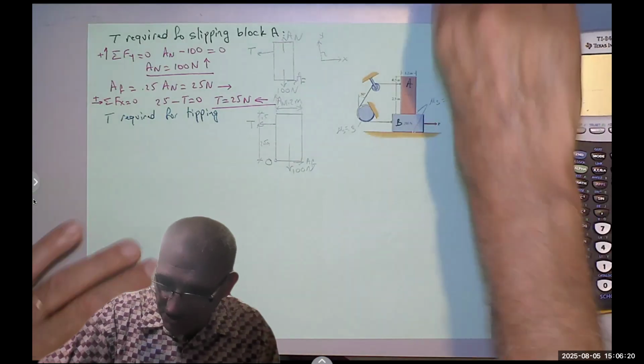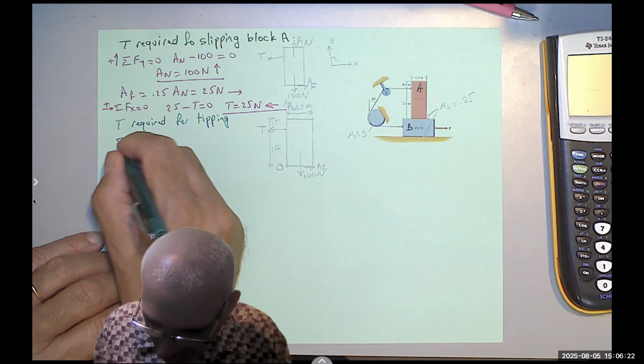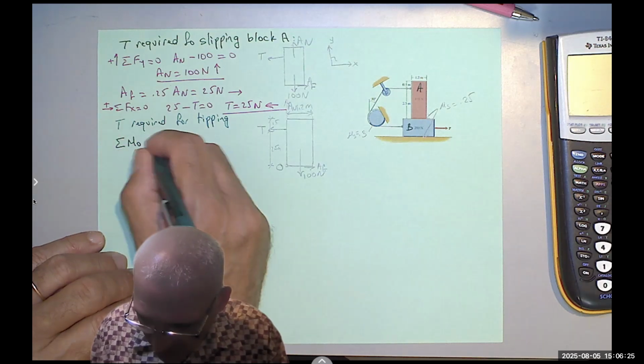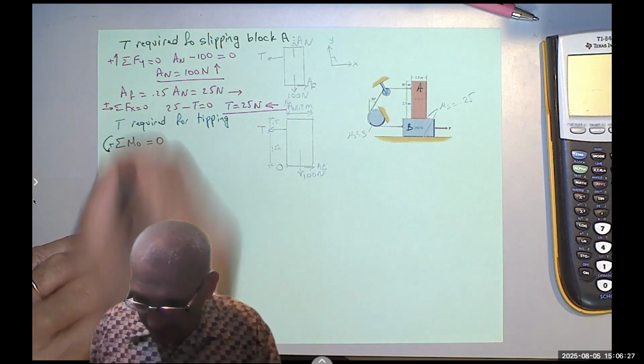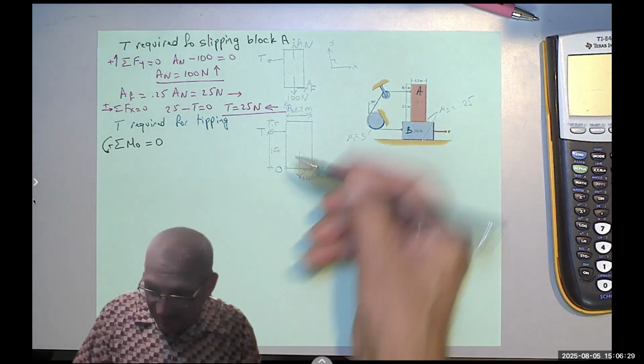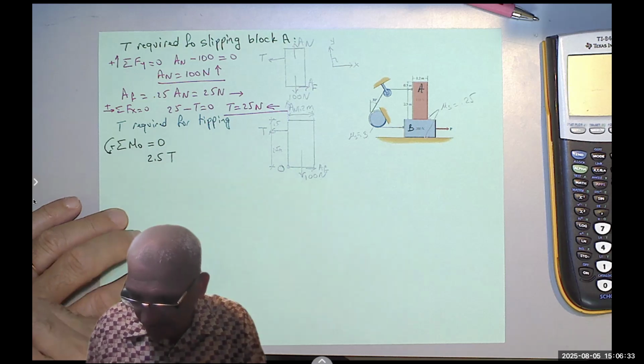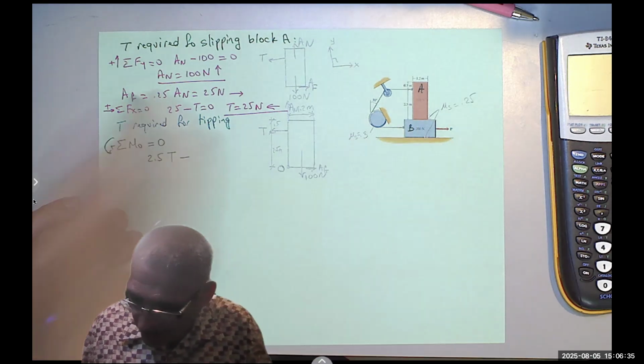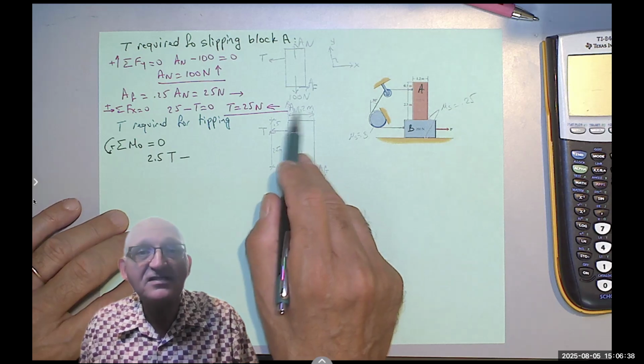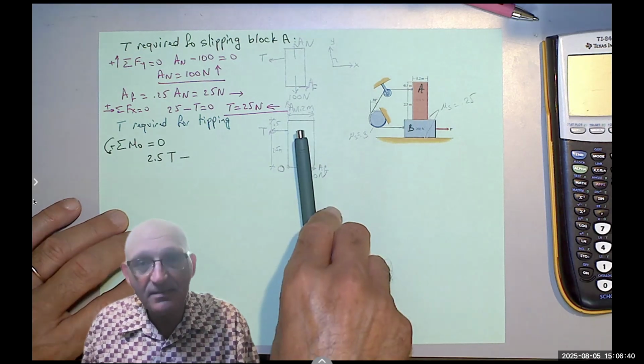So now what you need to do is to say summation of the moment about O equals 0, counterclockwise is positive. The tension is rotating counterclockwise, so 2.5 tension minus the 100 going clockwise, and the distance is 0.6, right? The weight is in the middle.